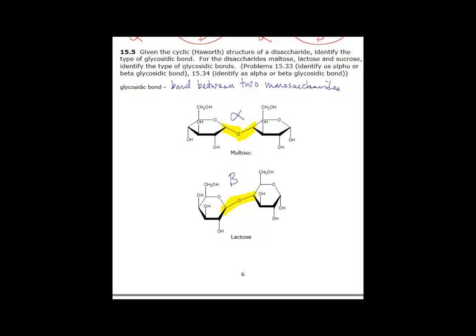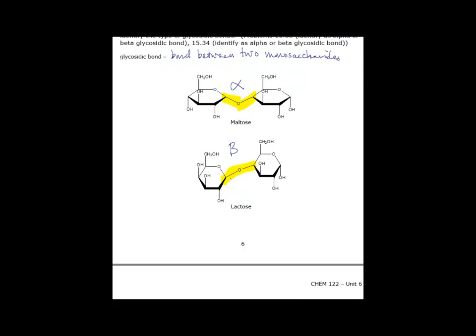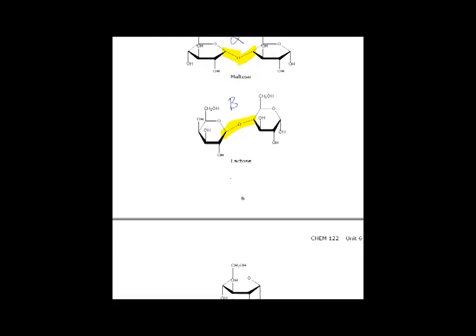So if you know somebody, or perhaps you are lactose intolerant, you cannot have lactose products. Now there are medications out there that have lactase in them that can help you digest dairy. So it's kind of handy, but as a rule, beta glycosidic linkages are difficult for humans to digest.